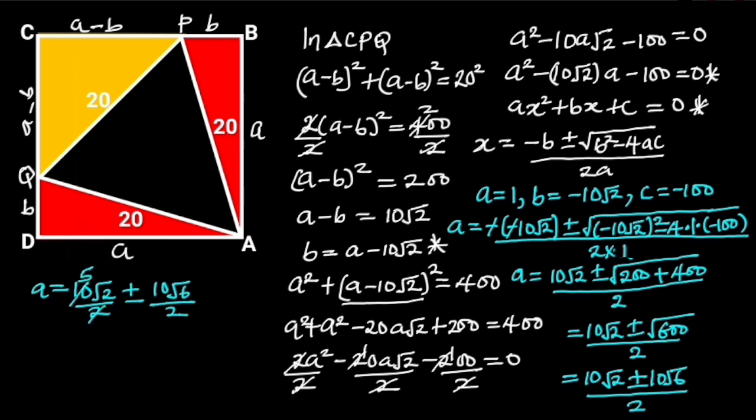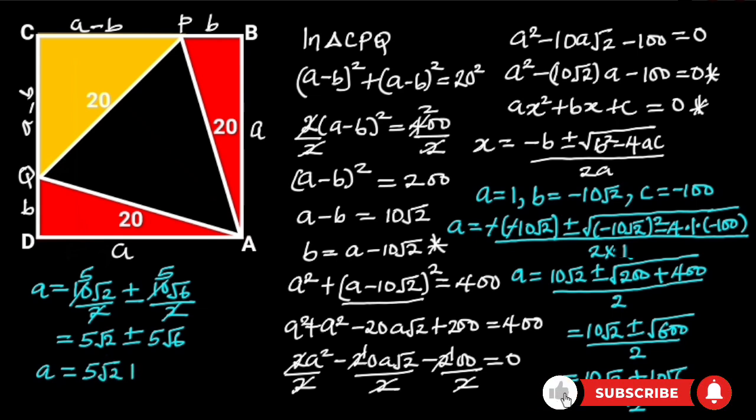Dividing through by 2 will give us 5 root 2 plus or minus 5 root 6. Since the side of the square must be positive, it follows that A is equal to 5 root 2 plus 5 root 6. And this is the length of the side of the square.